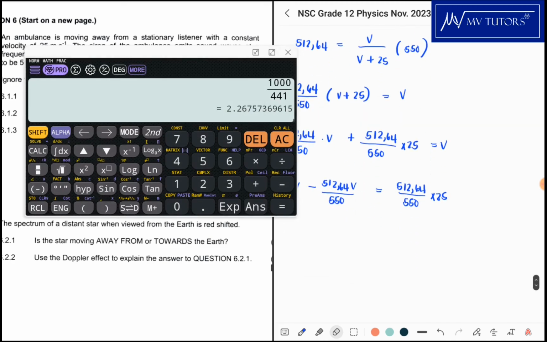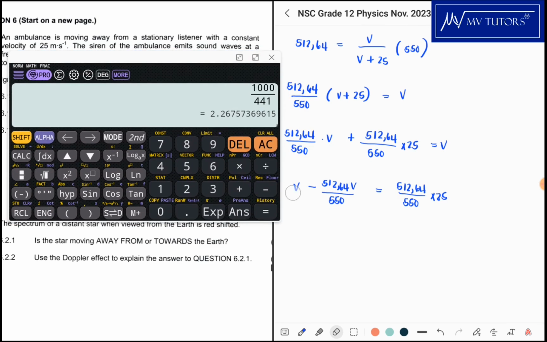So I'm going to take this as 1V. 1 minus 512,64 divided by 550, and that's... let me just write the fraction form. 467,6875 V is equal to 512,64 times 25 divided by 550.